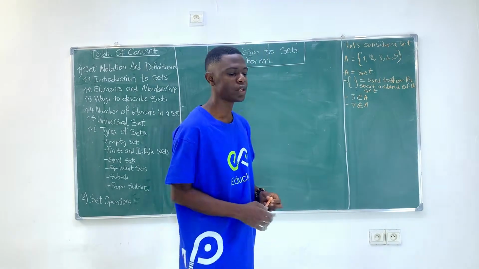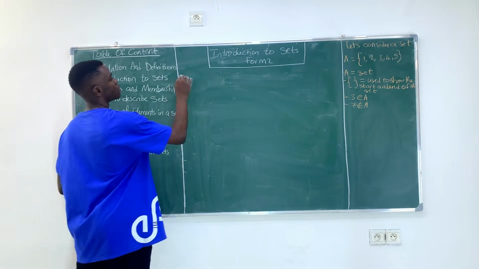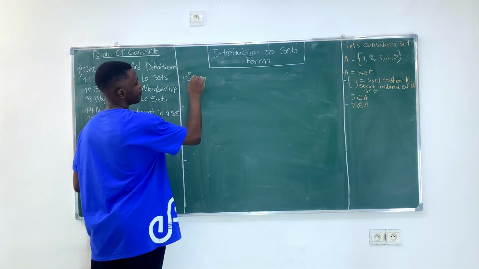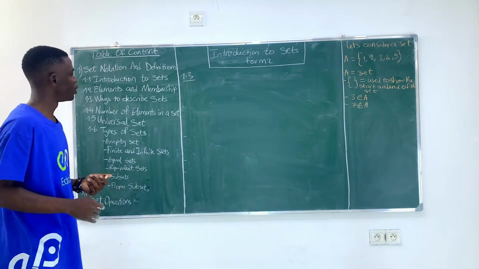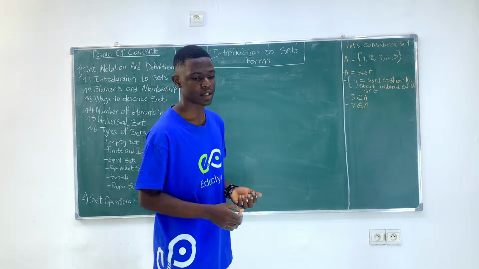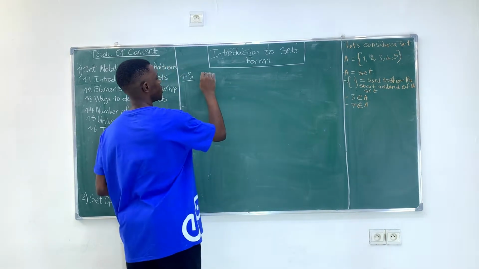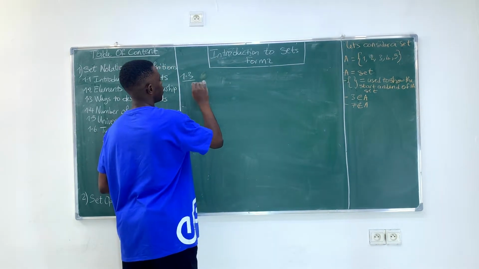So, 1.3, ways to describe a set. There are two ways to describe a set. The first method is the listing method.